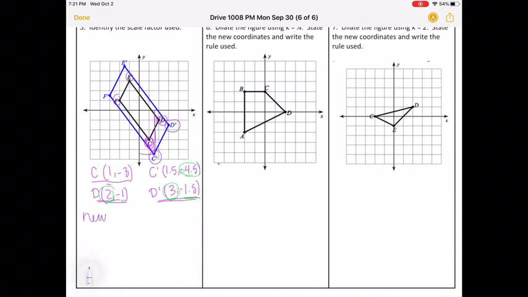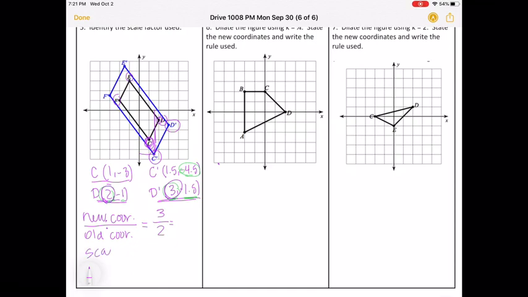Remember it's new coordinate divided by old coordinate, or original, however you want to think of that. My new X coordinate right here is 3. My old X coordinate was 2. Now I divide those.